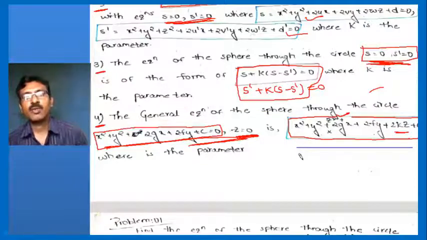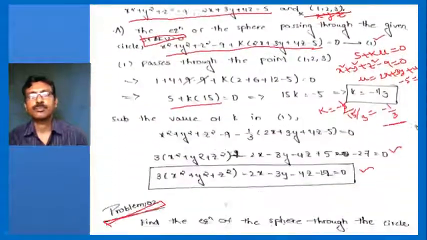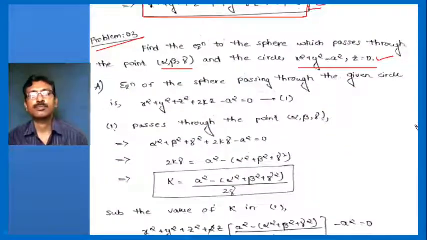The remaining equation will be x square plus y square plus z square plus 2kz plus c equal to 0. x square plus y square plus z square plus 2kz minus a square equal to 0.